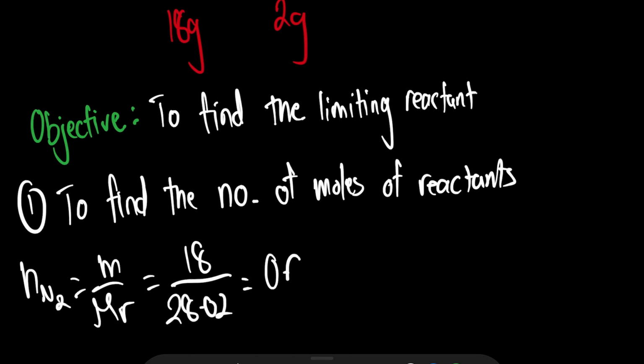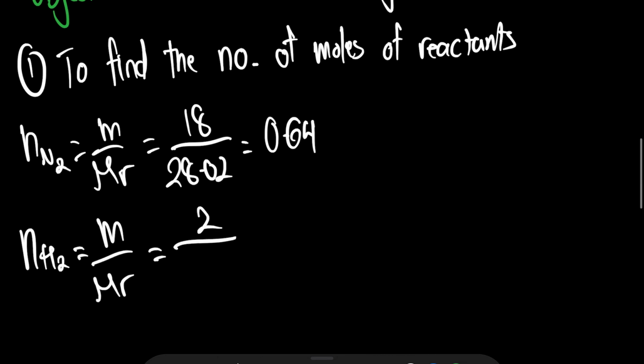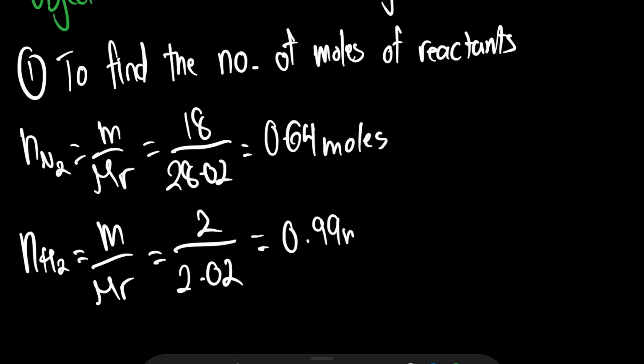And that gives 0.64. On the other hand, you have the moles of hydrogen, which give 2 grams, which was your given mass again, over 2.02. That gives 0.99, of course, moles and moles.